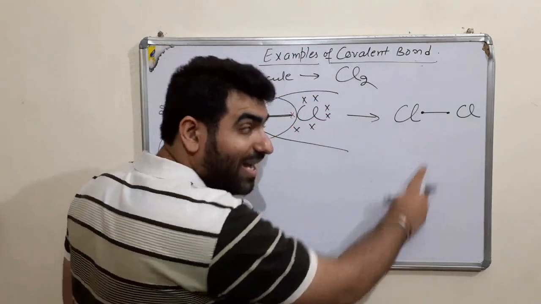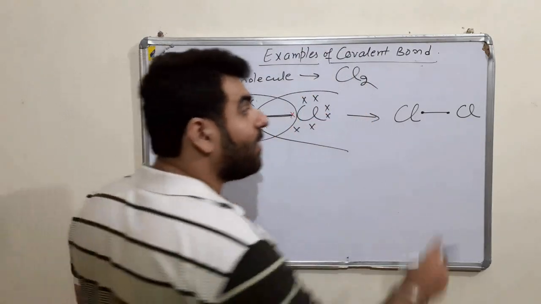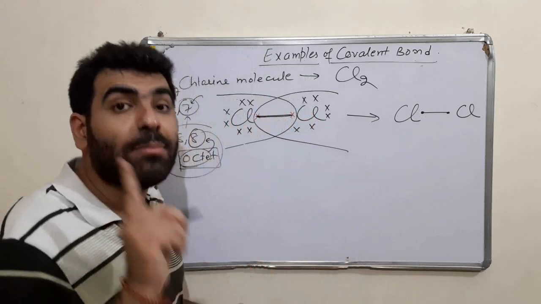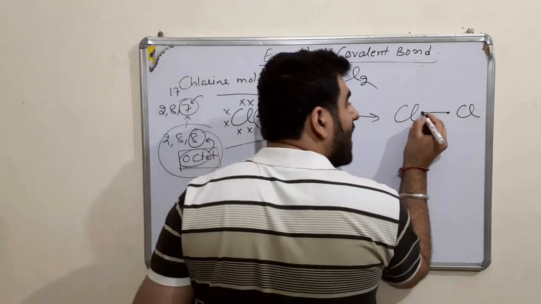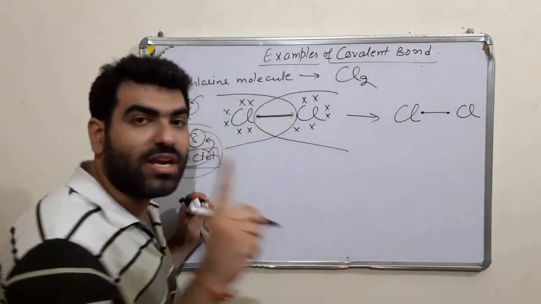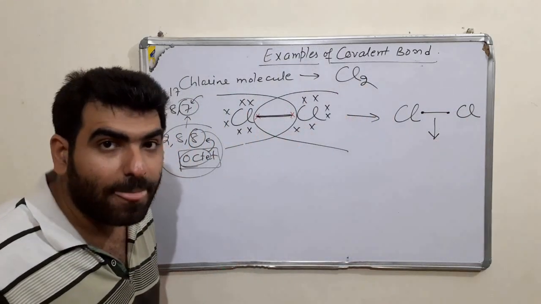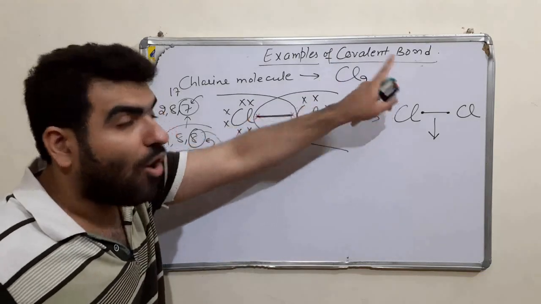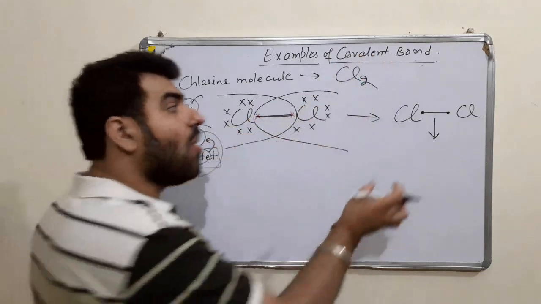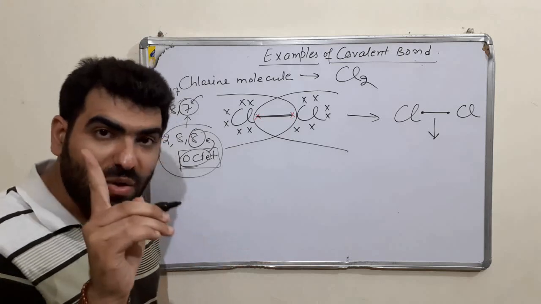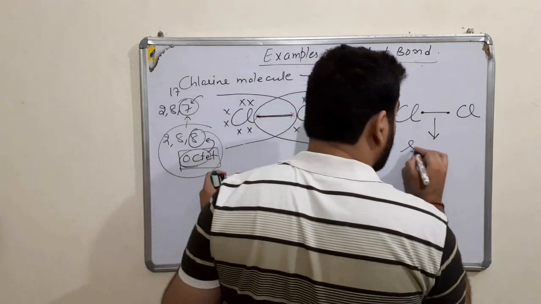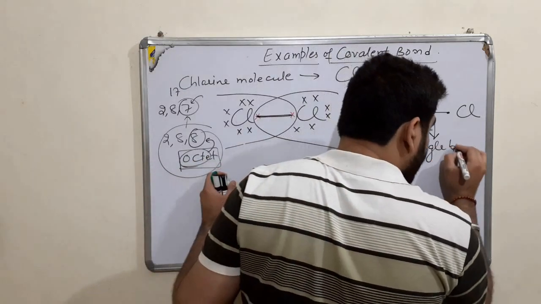So this bond is a covalent bond, and because they have shared only one pair of electrons, that is 1 electron from this and 1 from this, there is sharing of 1 pair of electrons. Such a type of covalent bond which is formed by sharing only 1 pair of electrons is known as a single bond.